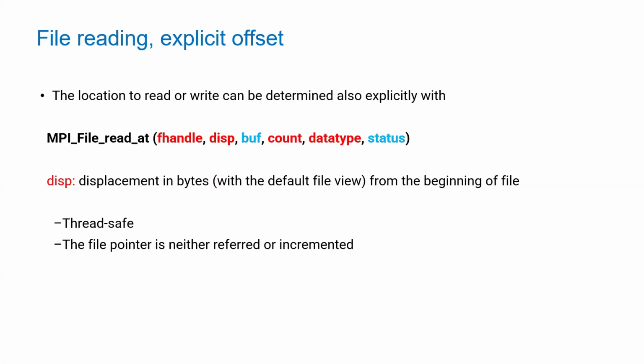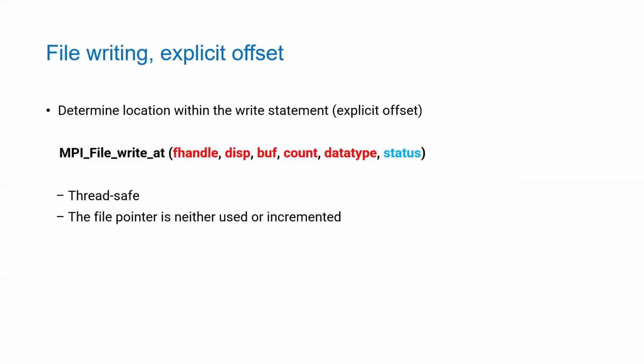Anyway, that is not the point we're concerned about right now. The file pointer is neither refreshed nor incremented. And we have the same thing for write, using the explicit offset.